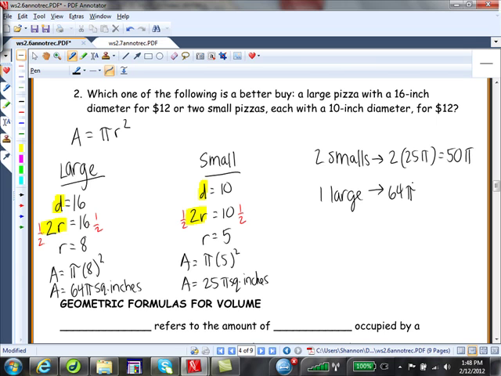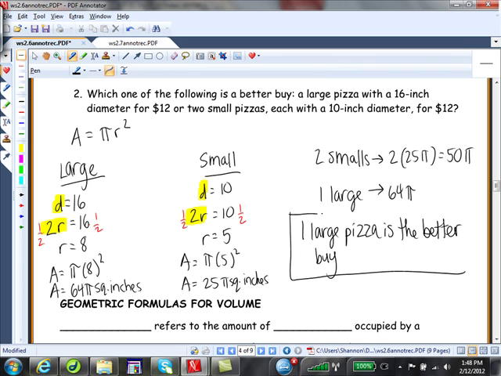So do you see that the better buy is one large pizza? Because it has a larger area. Okay.